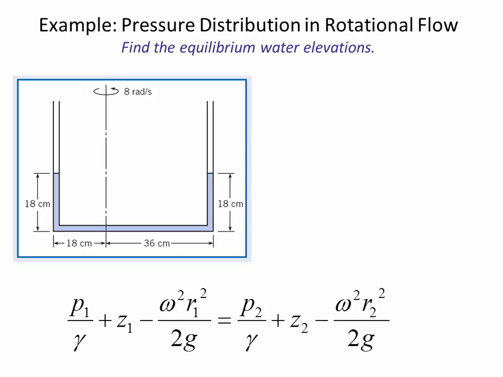And now that's going to give me that Z2 is 0.3385 meters. And I can substitute this back into this formula and find that Z1 is 0.0215 meters.